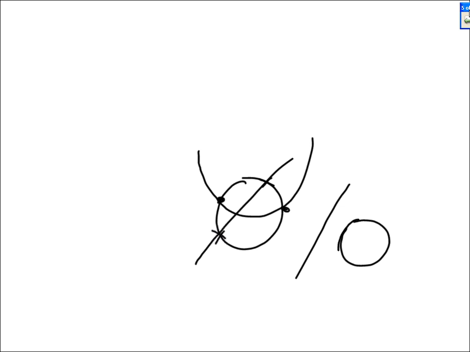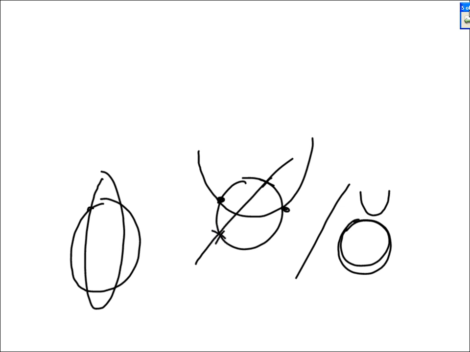It can be a circle and a parabola that don't meet. Okay? It can be a circle and an ellipse, and they can meet in 4 places. There's definitely cases where you get more than one critical point.